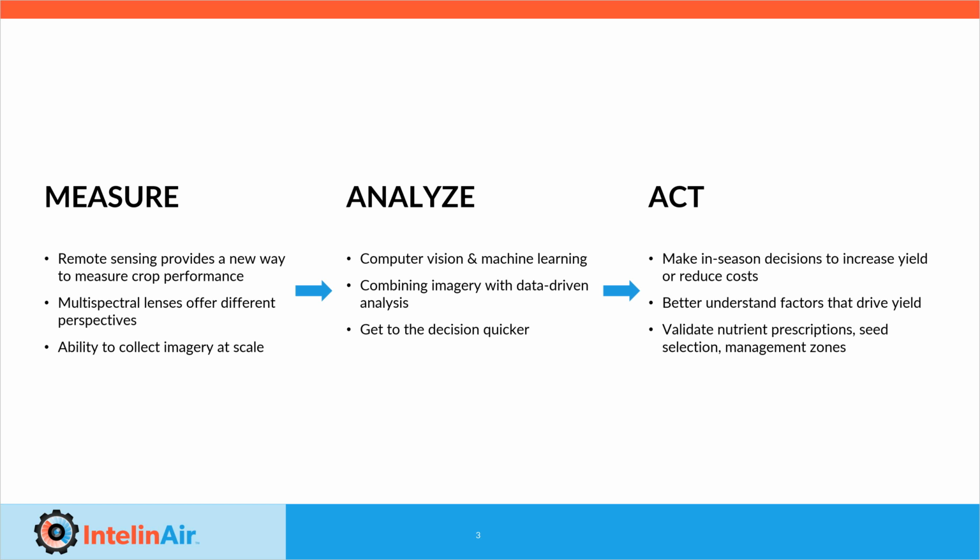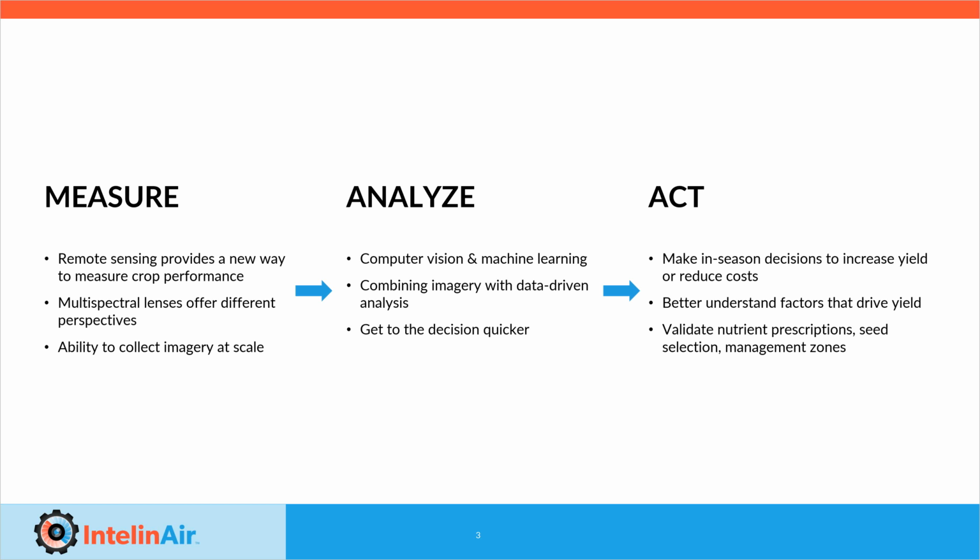Typically, you have to rely on yield maps, which can have precision and accuracy issues and come at the end of the year. The idea here is to bring that measurement and visibility forward in the year. In the first part of the presentation, we're going to talk a bit about this.